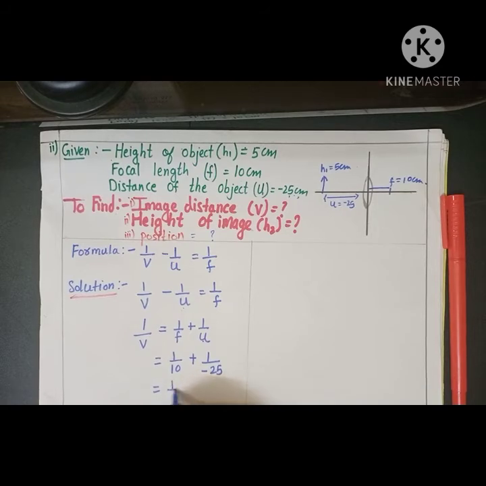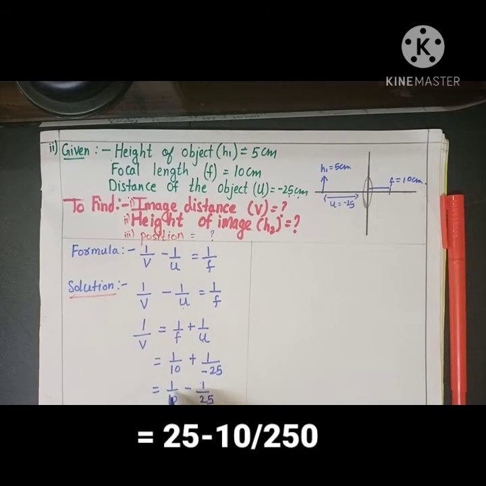So it becomes 1 upon 10 plus into minus, minus 1 upon 25. Equalizing the denominator, we get 25 ones are 25 minus 10 ones are 10 upon 25 tens are 250.